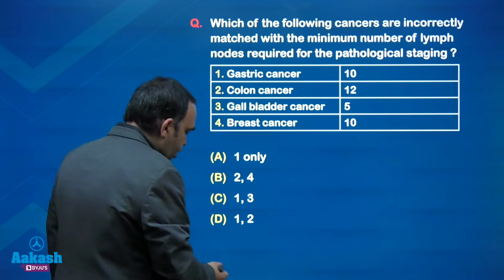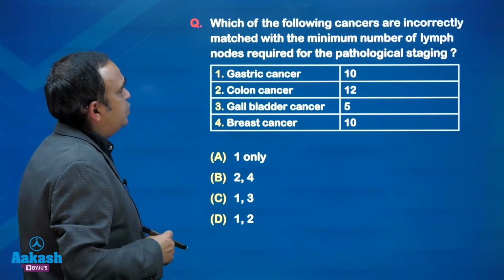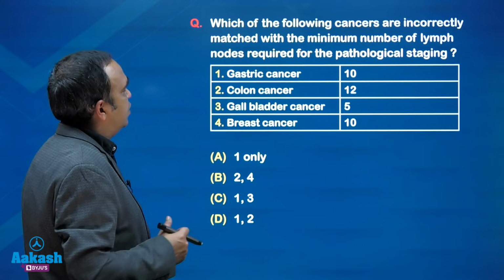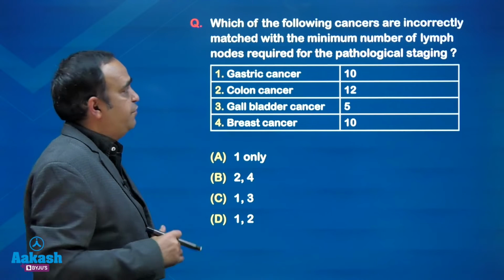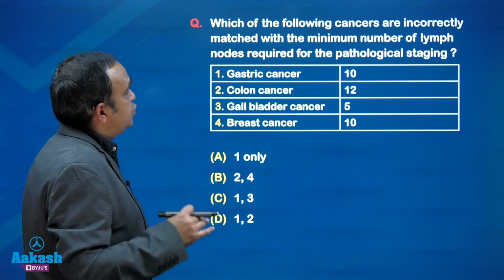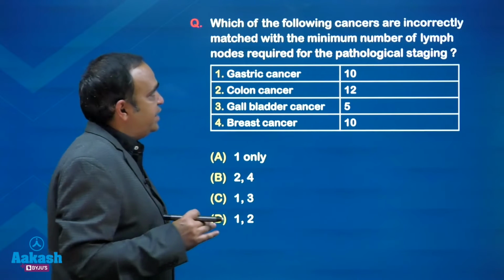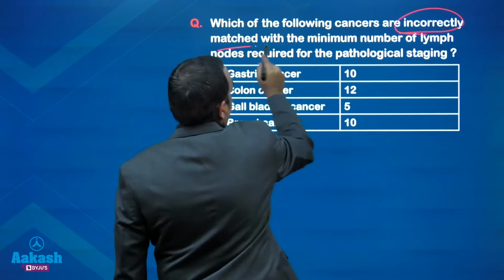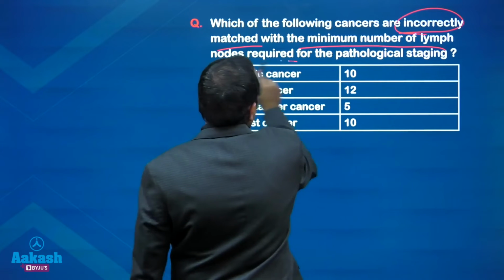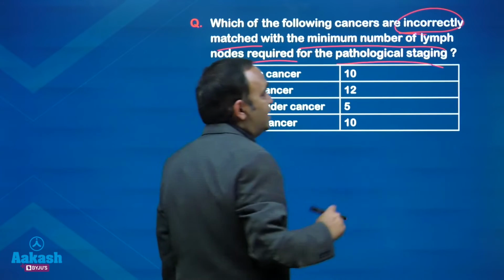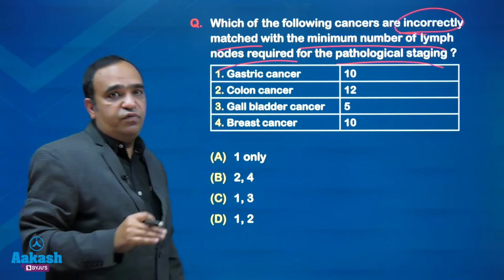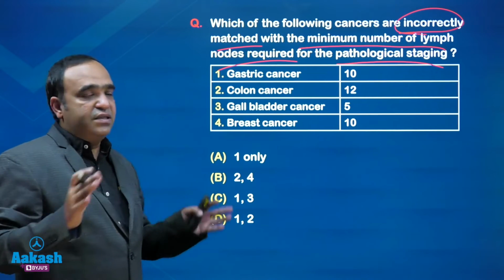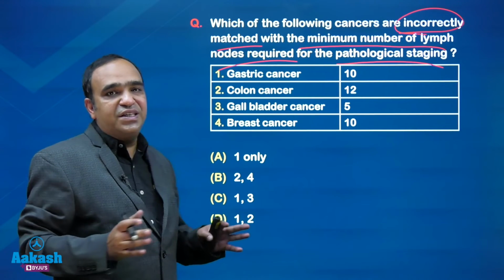Okay, now this is again about the oncological outcome based on the lymph node excision. Which of the following cancers are incorrectly matched? Read the question carefully. Incorrectly matched with the minimum number of lymph nodes required for the pathological staging. Now this is not one system question, 4 different cancers from 4 different places.